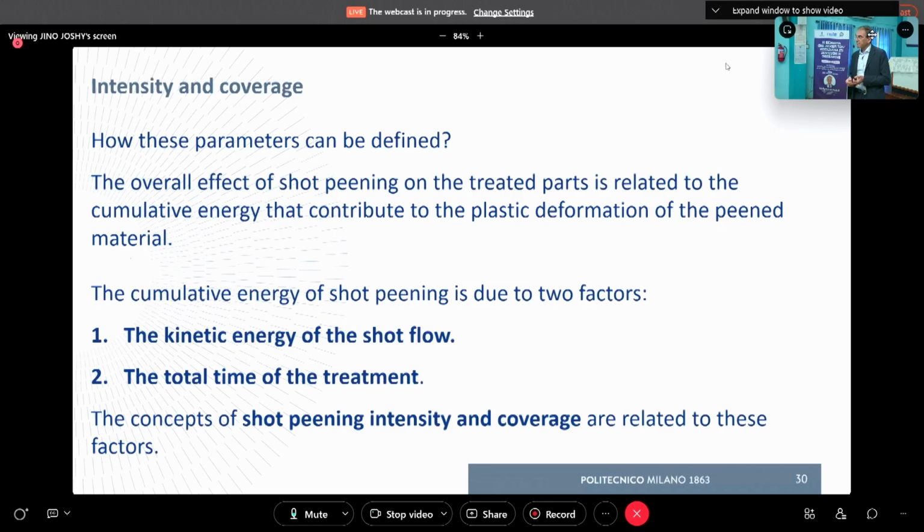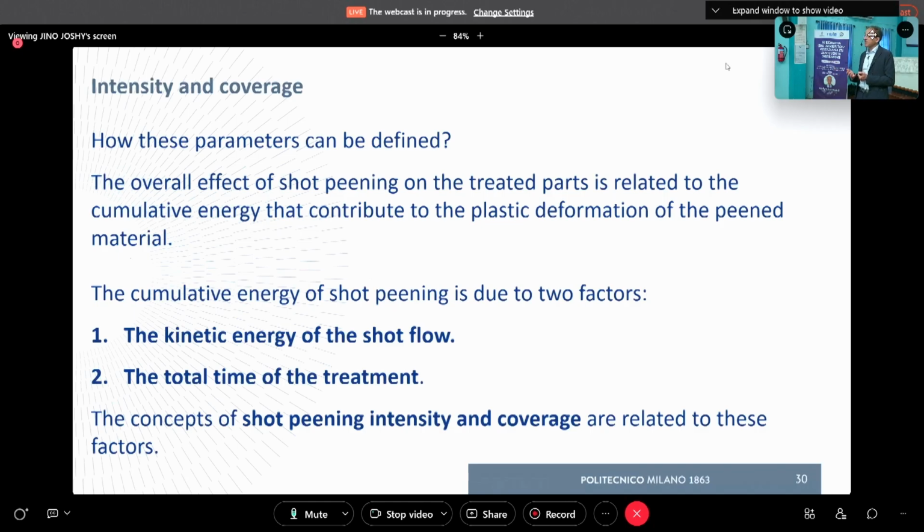The problem can be solved by considering the physical cause, the physical reason why shot peening is inducing the effects we know: the residual stresses, the roughness, and the surface work hardening. And this is related to what?